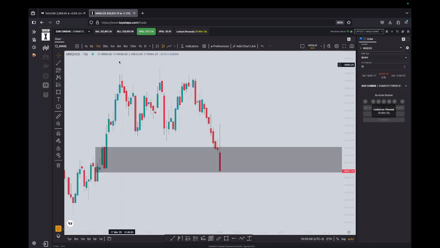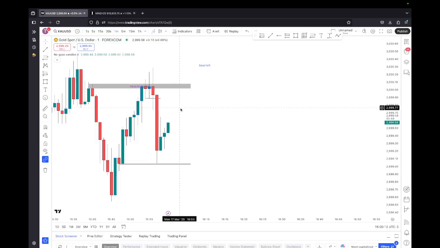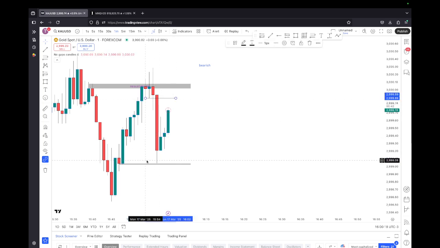I could do the same here, but I'd rather wait. You can see the market is now moving up and it's not reacting off of any support, so I don't see myself entering any buy positions at the moment.